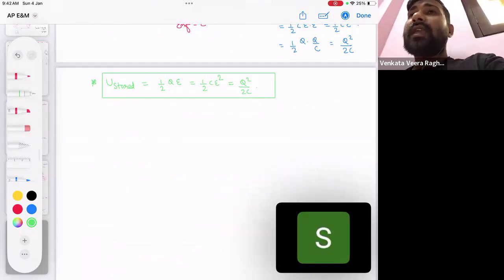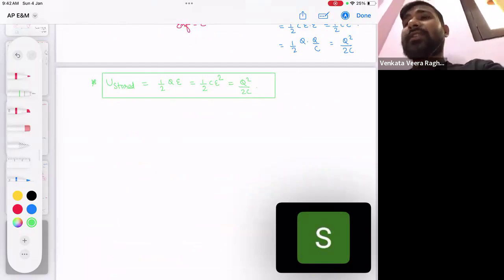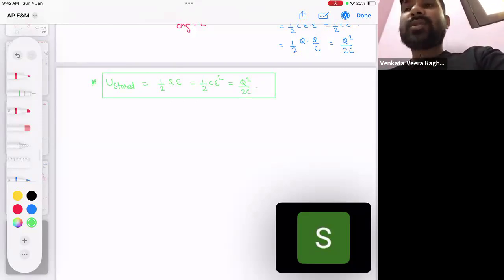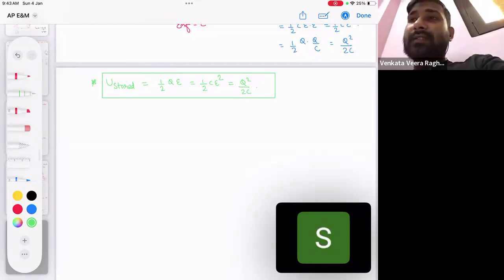Why? Because any medium other than vacuum will always have a dielectric constant greater than 1. We don't have any medium whose dielectric constant is less than 1. That's why capacitance always increases if we put a different medium other than vacuum between the plates of the capacitor. Is that clear?